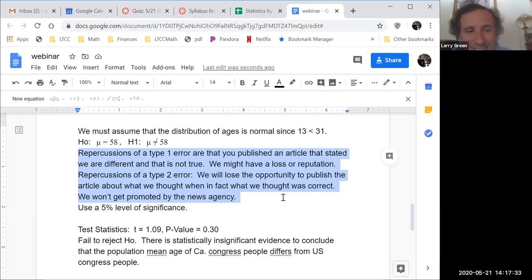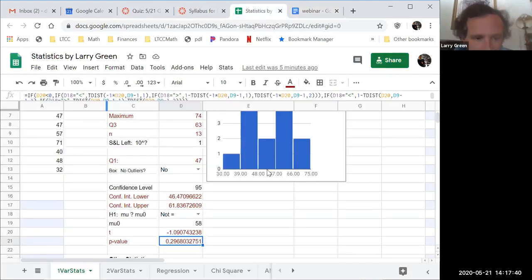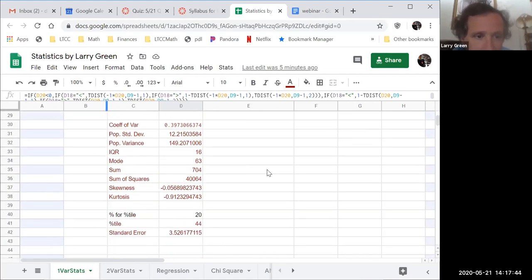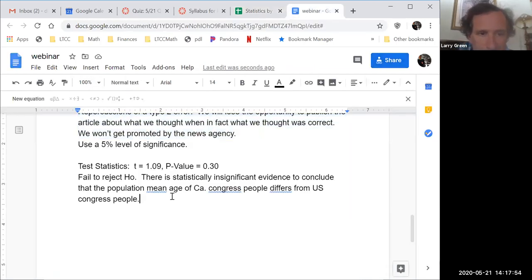Okay, the next thing to say is, what about the standard error? Let me pop that in. The standard error was about 3.5. Let me just write that out. This is the next important statistic I want to make sure we all understand.